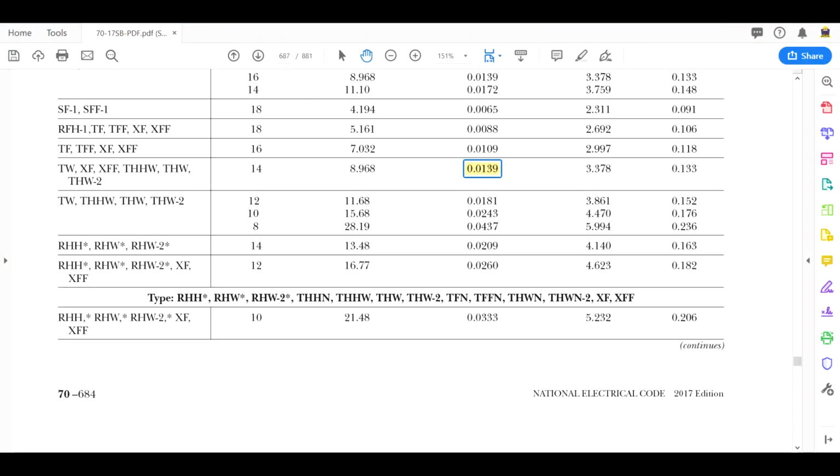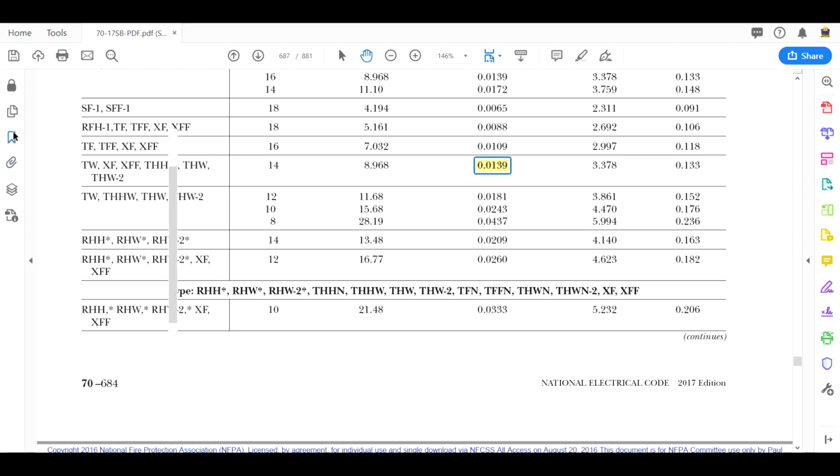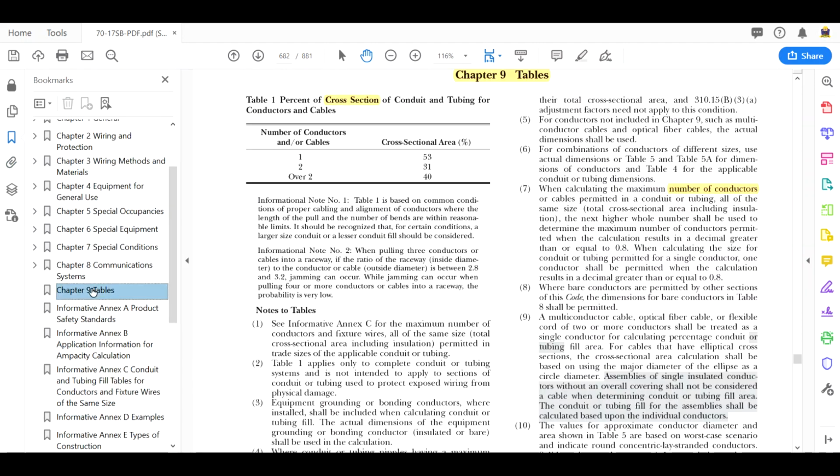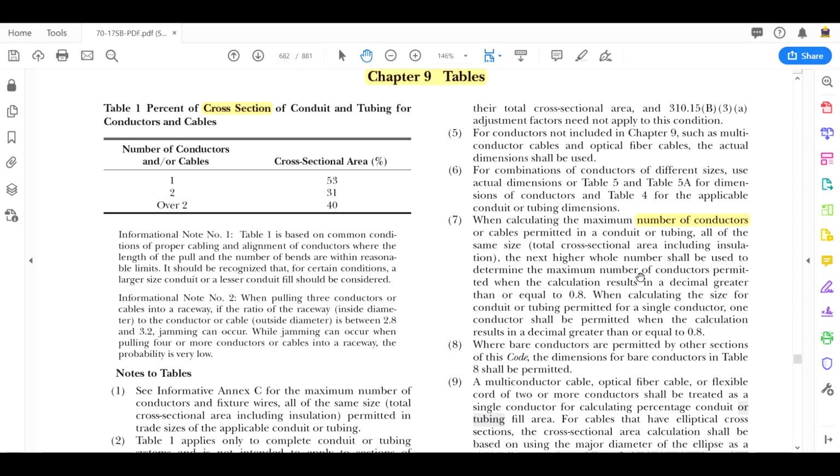Let's go back to the code, and I'll jump and get us back to where we were. So that's what we're talking about for note 7. And you also note the little caveat here: in order to apply this one, all the conductors must be the same size. That's something you have to remember when applying this rule.